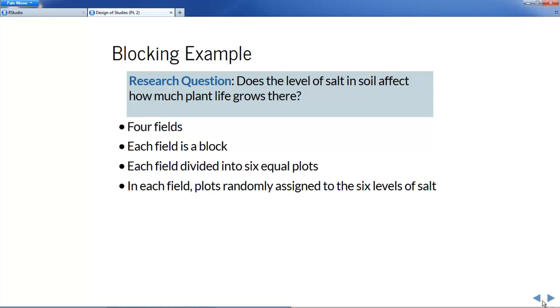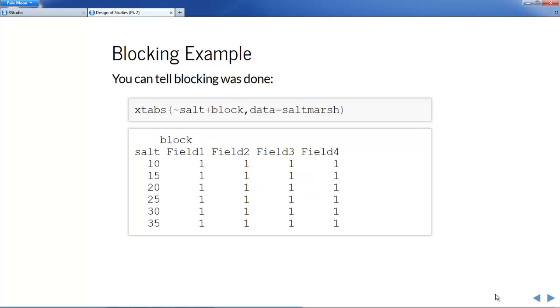The subjects in this experiment were actually created during the randomized block process. Just by looking at the data frame, you can tell that blocking really was done. Looking at the relationship between the variable salt and block to see how things turned out, you can run the xtabs function, and you'll find, sure enough, that for every possible value of salinization, each field was represented once.